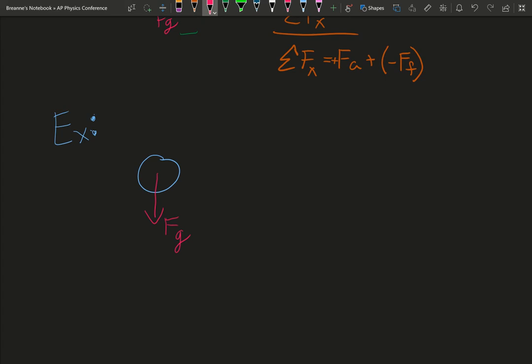Now, for a ball falling through the air, you could just leave it like this, or you could state that there might be a little bit of air resistance. Should say force of air.